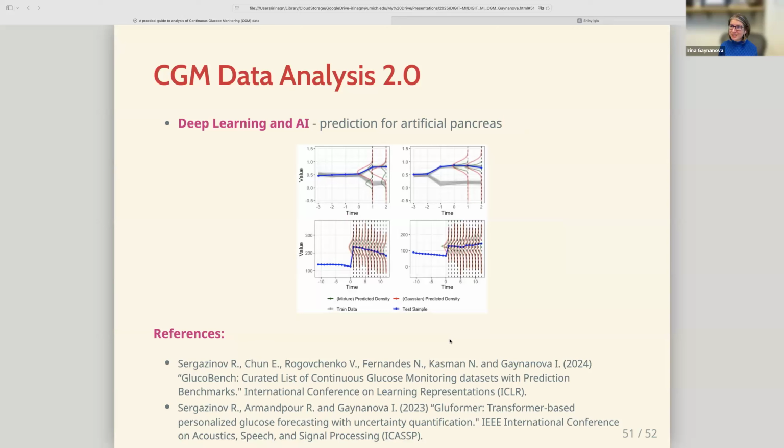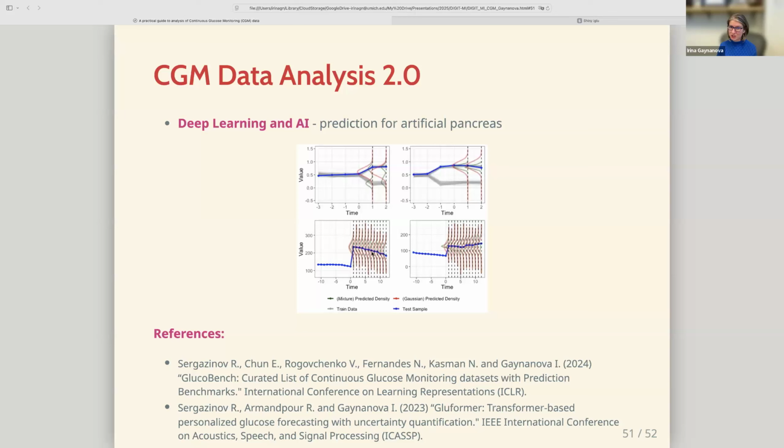And finally, we all know that AI is here. And of course, deep learning and AI have been used in the context of glucose primarily for the prediction. So here I'm illustrating one of our works where basically, given the past, we're trying to predict 1 hour into the future. And rather than just giving a prediction that is just a line, we're trying to do an uncertainty that is associated with that prediction.